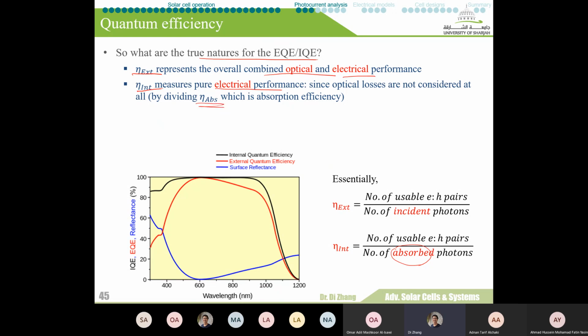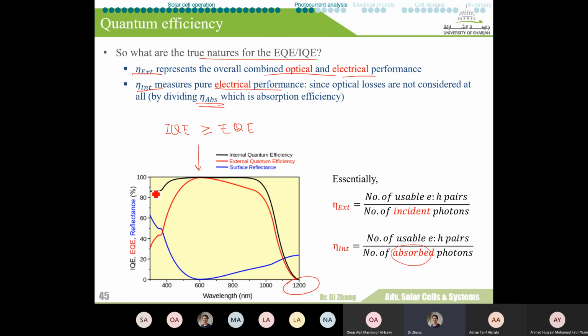As we said, typically the internal quantum efficiency is always going to be larger than or equal to the external quantum efficiency, which you can actually see from here. This is the quantum efficiency plot for a typical silicon solar cell, because you see that the ending of the quantum efficiency is around the same bandgap wavelength as silicon.